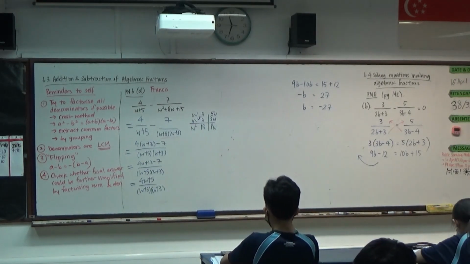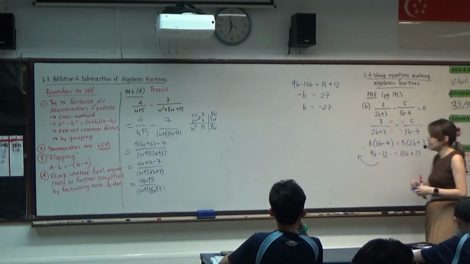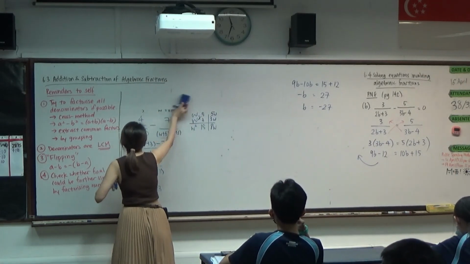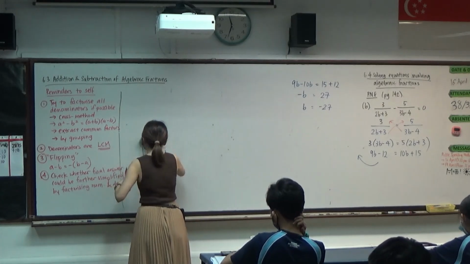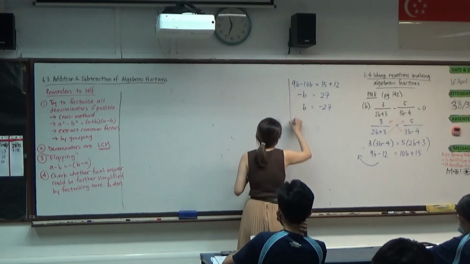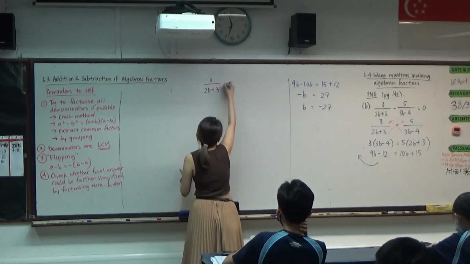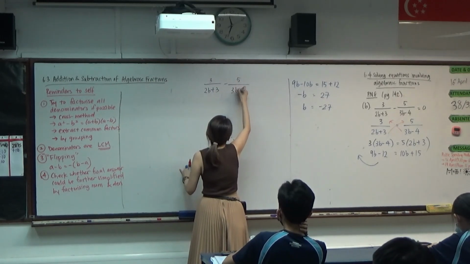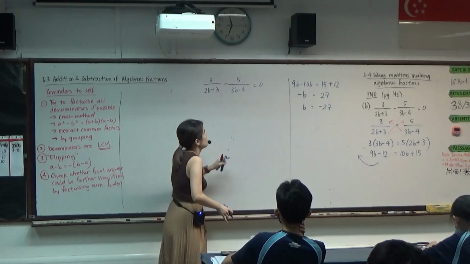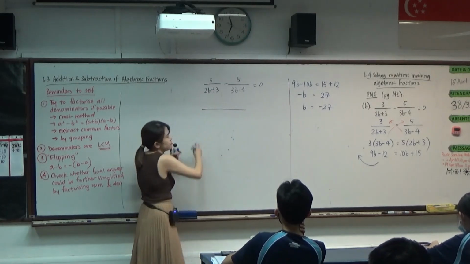Is there another method? There is. I will just briefly mention this. I don't find that it is efficient in this particular question. Another method is that, given this question, instead of moving the fraction across, based on these two fractions, we just look for a single fraction first.